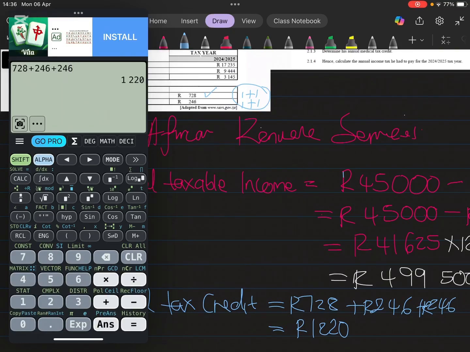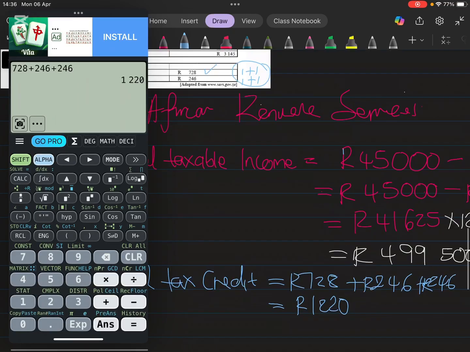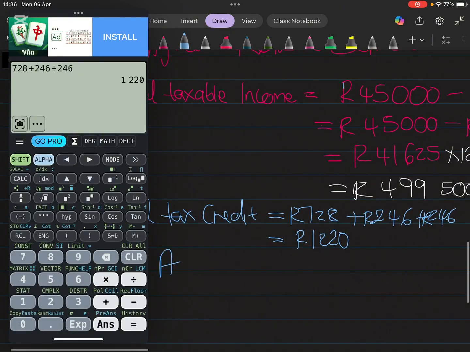That will be 1,220. That is the monthly tax credit.